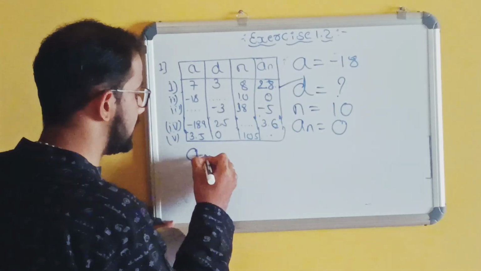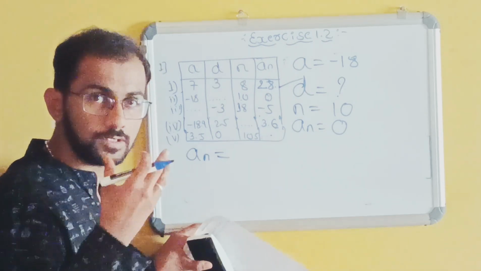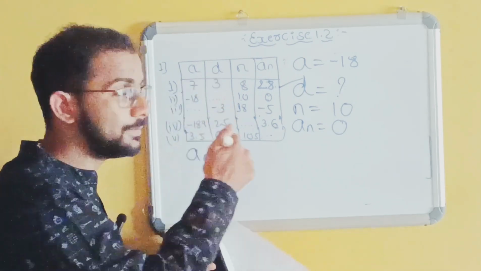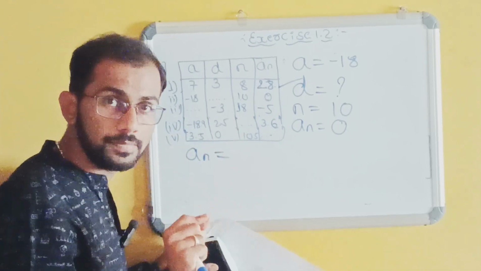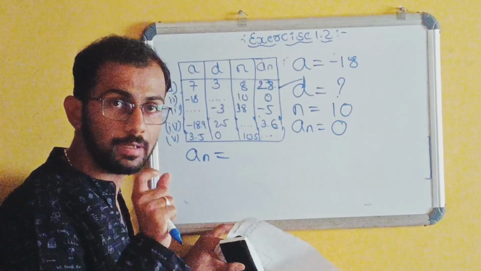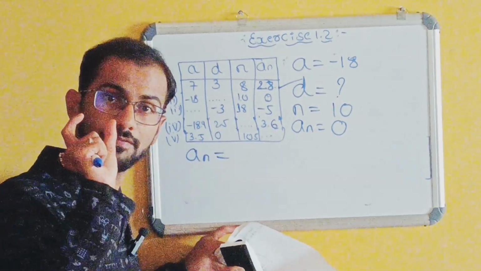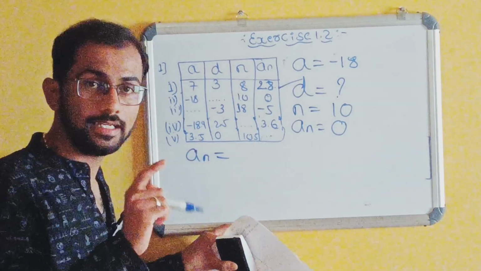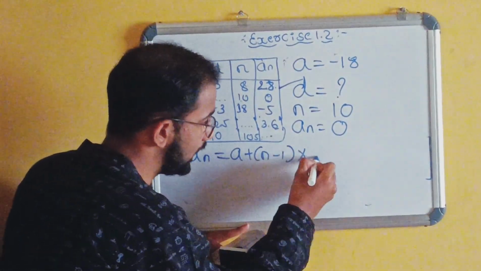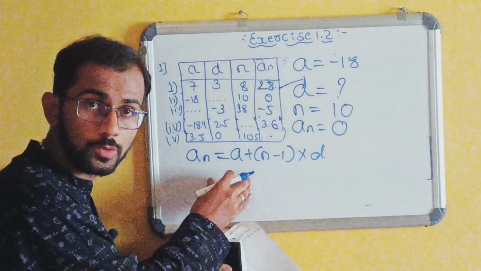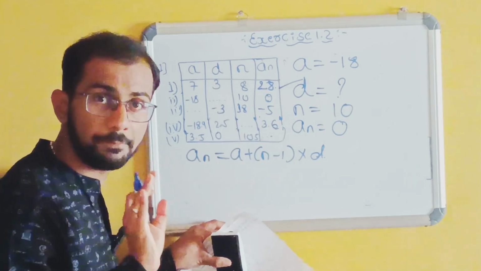Now again consider the nth term of the AP. You need to remember only one formula: An is equal to A plus n minus 1 into D. This formula is fixed all over the topic, that is, the nth term of the AP.